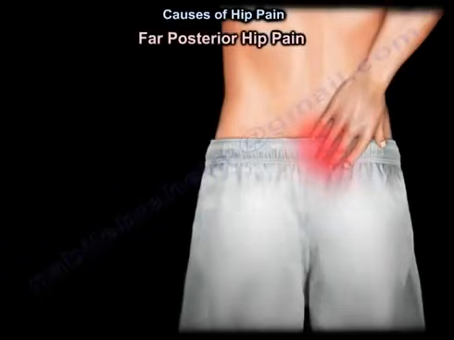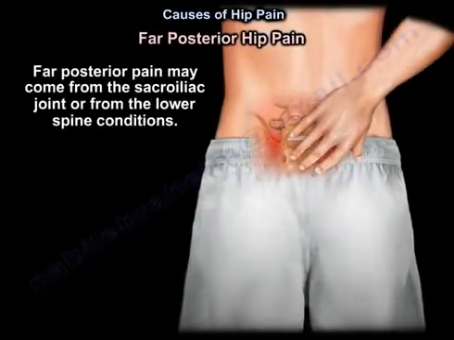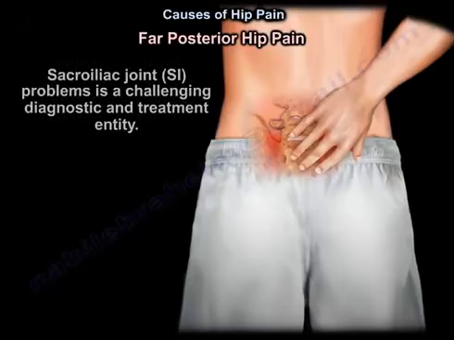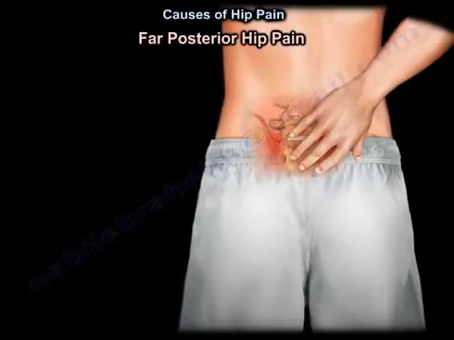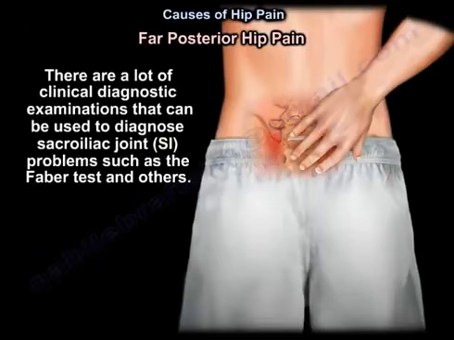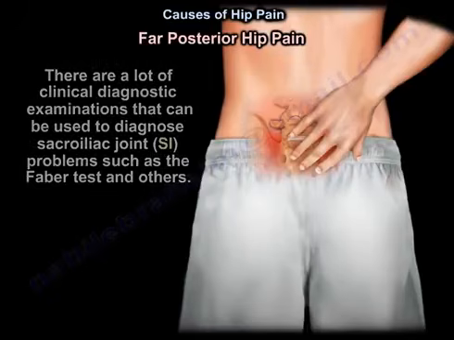Far posterior pain may come from the sacroiliac joint or from the lower spine conditions. The SI joint problems is a challenging diagnostic and treatment entity. There's a lot of clinical examinations that can be used to diagnose the SI joint, such as the Faber test and others.